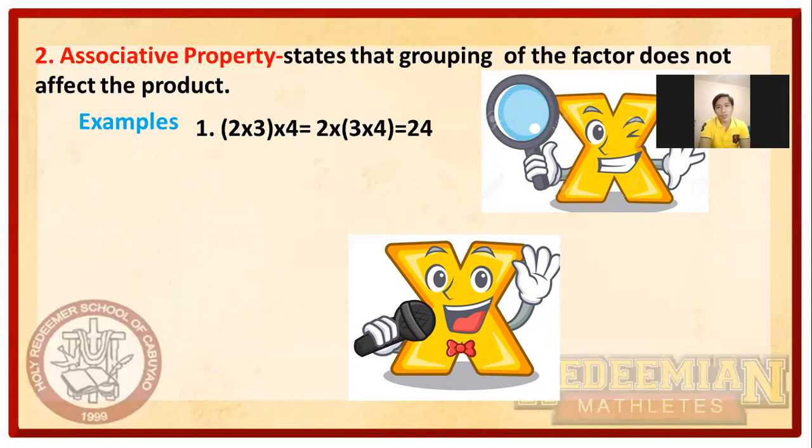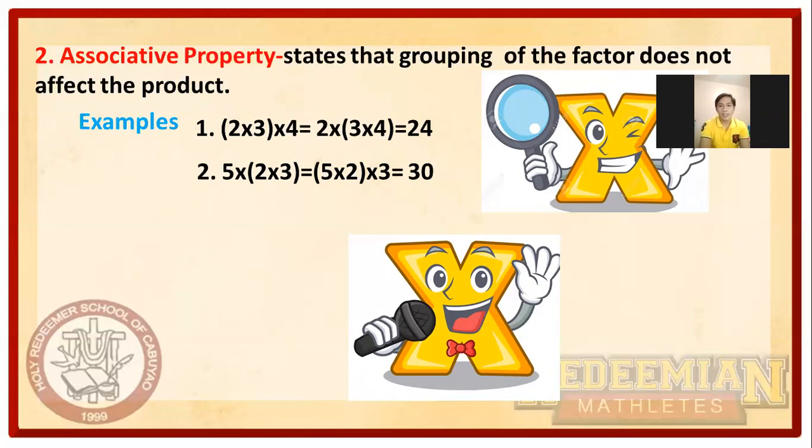So 2 times 3 equals 6 times 4 equals 24. The other side is 3 times 4 equals 12 times 2 equals 24. So they are the same. Another example, 5 times, open and close parenthesis, 2 times 3.